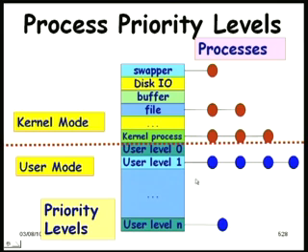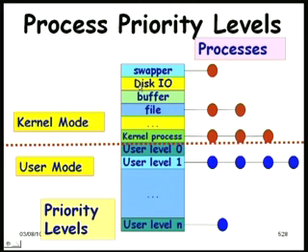And then in the kernel mode, there are also various priority levels. All kernel priorities are higher than the user priority. Just check here, there are two different bands. And then among the kernel also, there are various priorities. The kernel processes are possibly the lowest priority. And then we have file IO, buffer management, disk IO, and swapper has the highest priority.